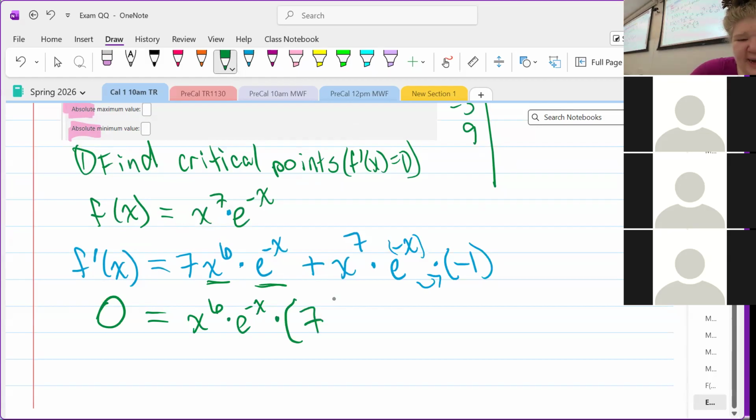This one had a minus sign, so minus x. So x times x to the sixth is x to the seventh, times the e to the negative x, and then the minus sign is there. I feel like that was a little hand wavy, but that is the factored form of this mess.